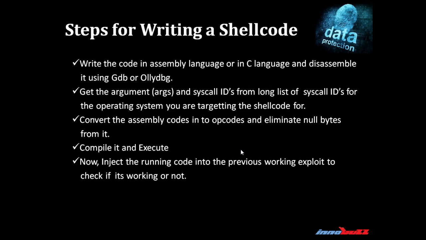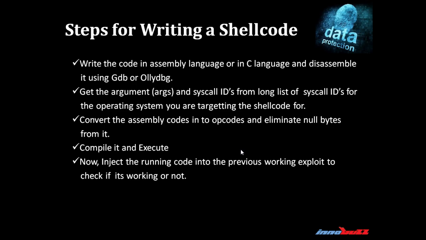As we are nearing the end of this module, the final discussion will be about the construction of shellcode. Once again, for the sake of clarity, I shall attempt to list out the process in a sequential manner. The steps of writing a shellcode are as follows. Write the code in assembly language or in C language and disassemble it using GDB or OllyDbg.